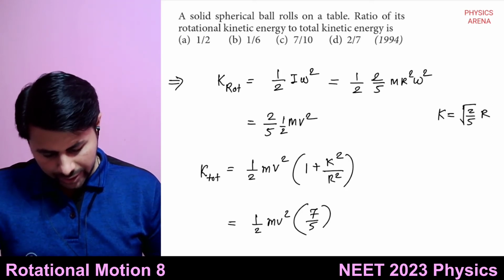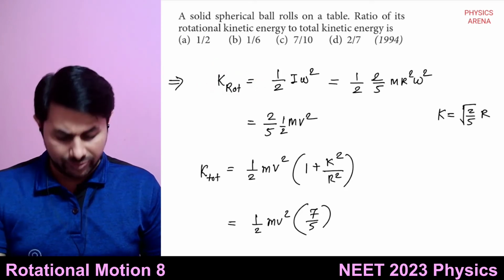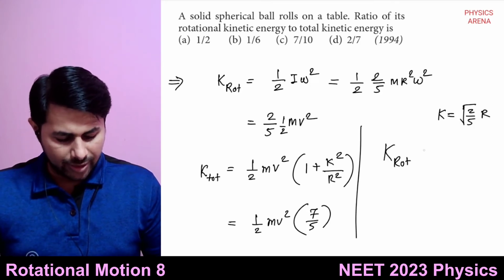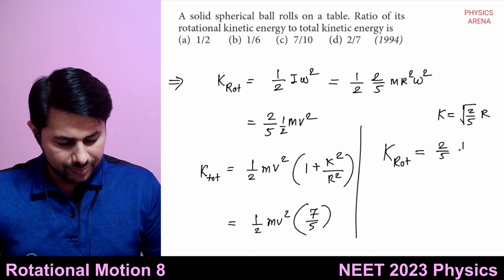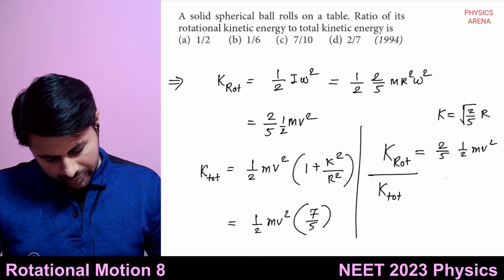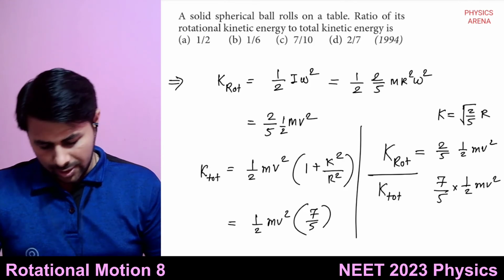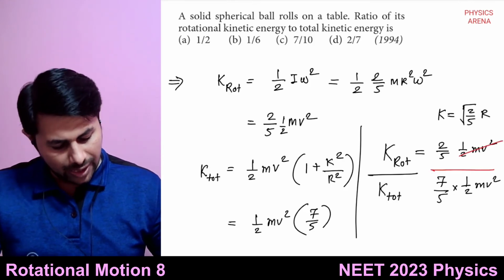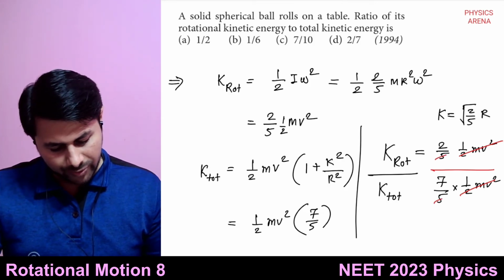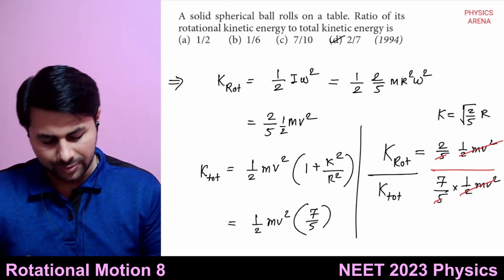So rotational kinetic energy is 2 by 5 multiplied by half mv square, and total kinetic energy is 7 by 5 multiplied by half mv square. The half mv square gets cancelled, 5 and 5 get cancelled, so we are left with 2 by 7. So 2 by 7 is the answer, option D.